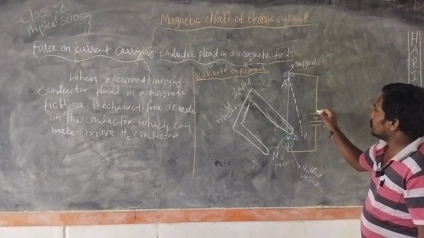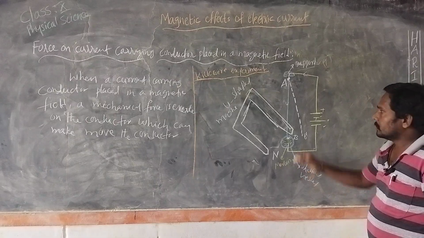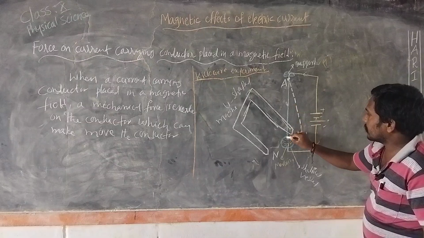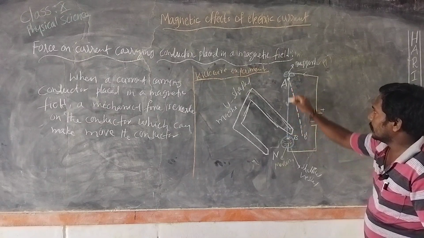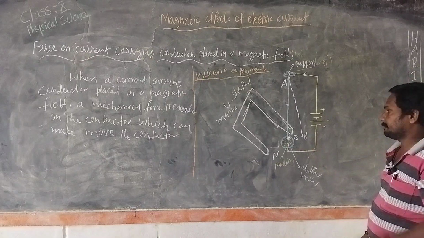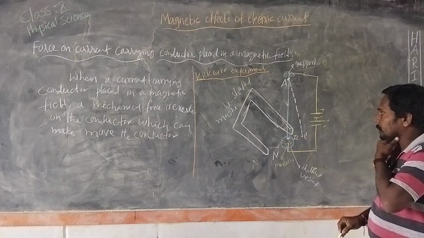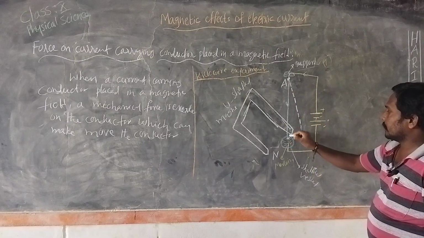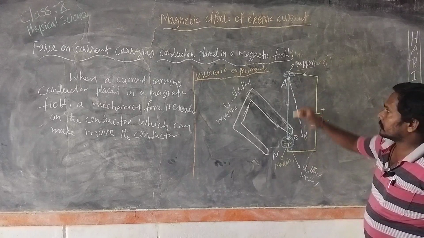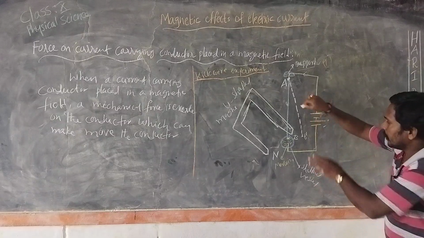So when we switch on, electric current passes in the vertically downward direction. Due to this, the position of the current carrying straight wire AB changes from AB to AB dash, which breaks the connection with mercury.